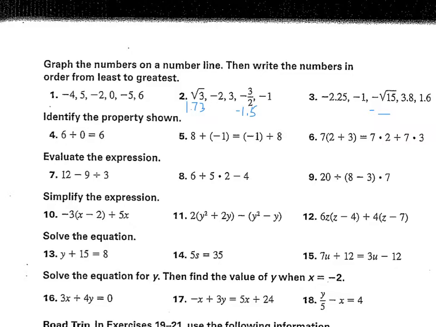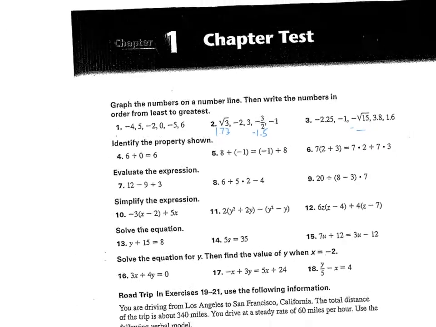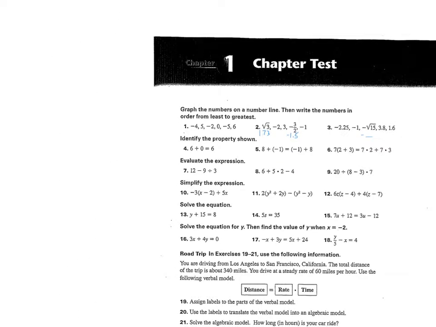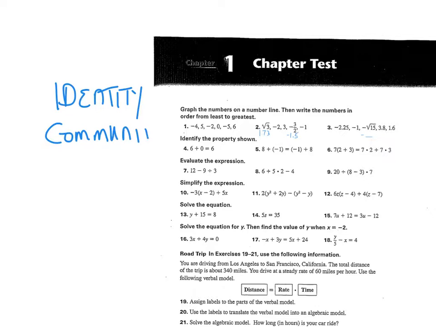So I'm going to slide this over to the side just a little bit. You've got the identity property, or you could have the commutative property, or the associative.